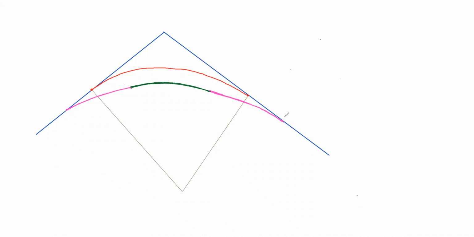Something like this. So actually, this is the transition curve.